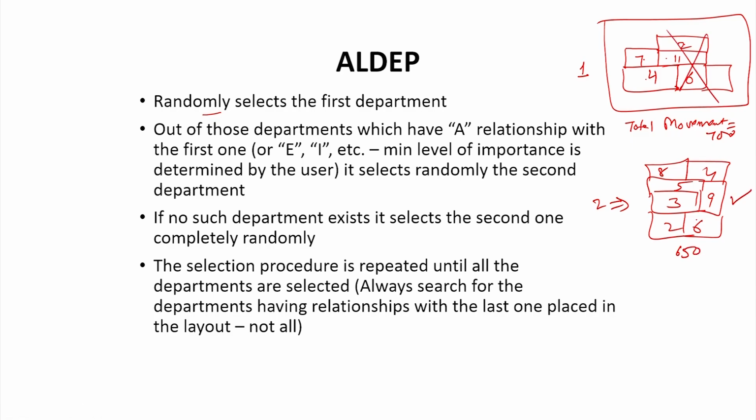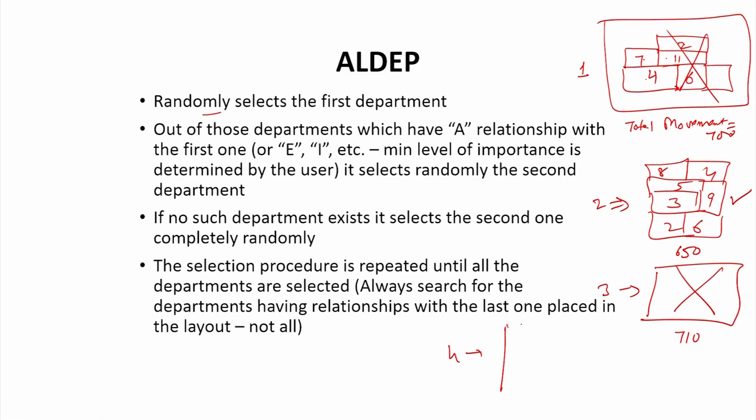If this is more than 700, then it will delete this one and store the above one, and then it will generate another layout. Let us say another layout has a score of 710, then it will delete this and work out another layout.